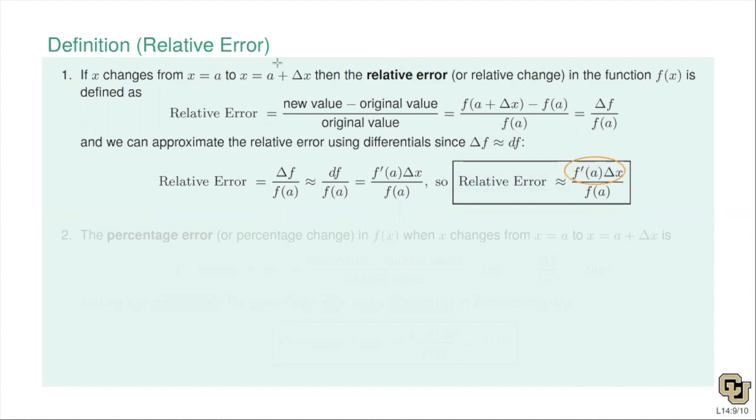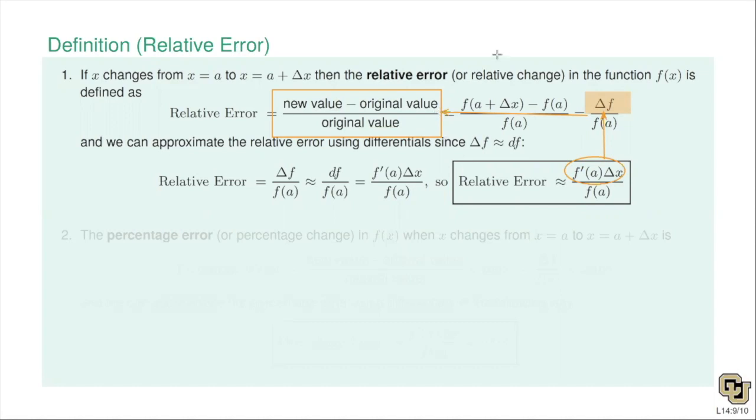That's why I think it's really important to tell yourself the story that f prime of a times delta x is there because we're trying to approximate delta f. This all goes back to this formula, the new value minus the original value divided by the original. I start with that formula, but then I approximate the numerator with the differential, so I get this weird relative error formula here.